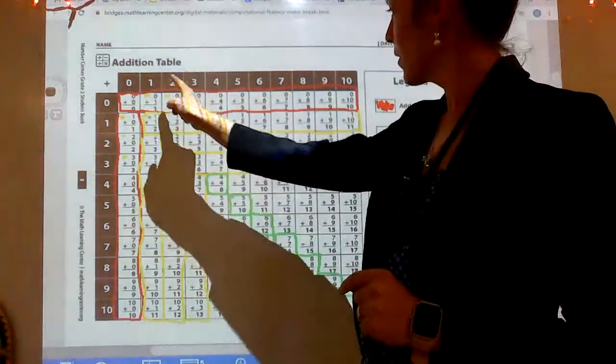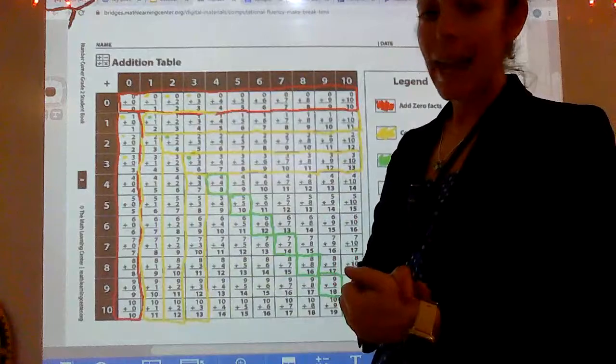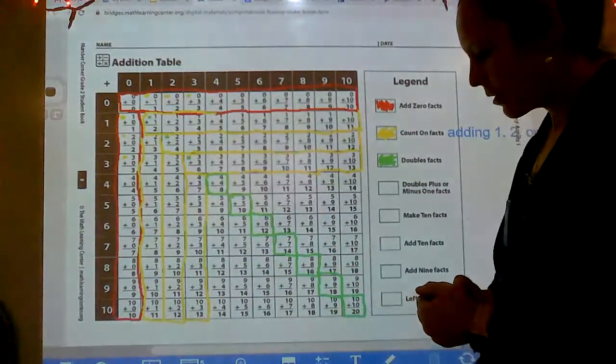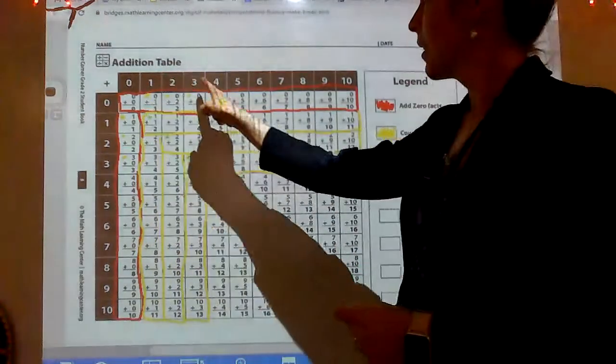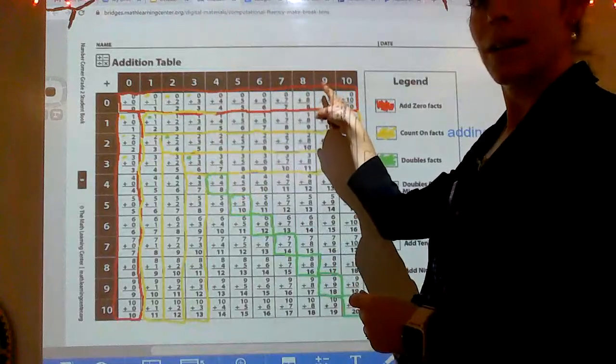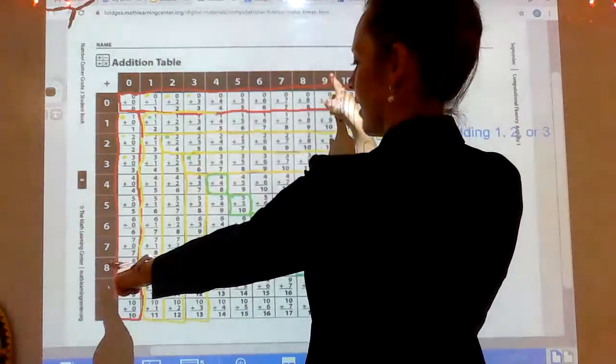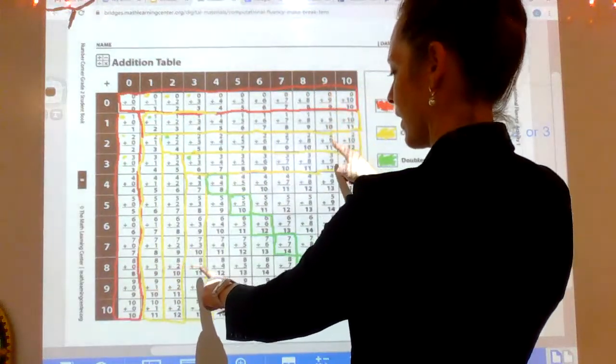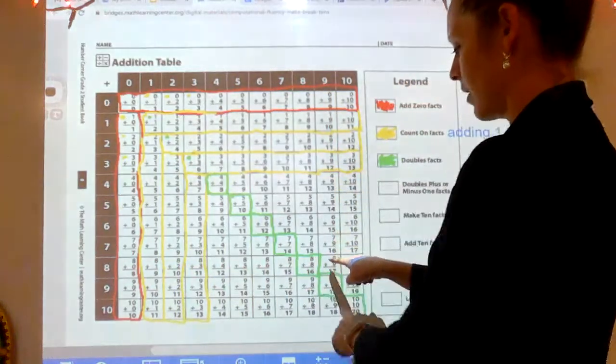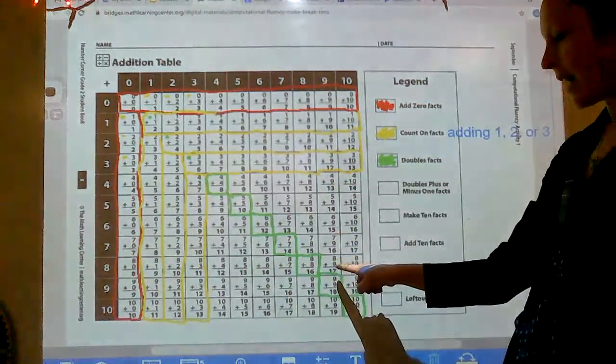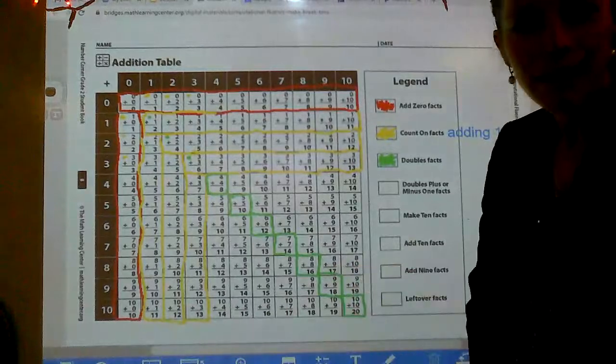For example, if I want to know what 9 plus 8 is, I use my handy table. I find 9, I find 8, and I follow my finger down, down, down, down, down to the answer in the box. 8 plus 9 is 17.